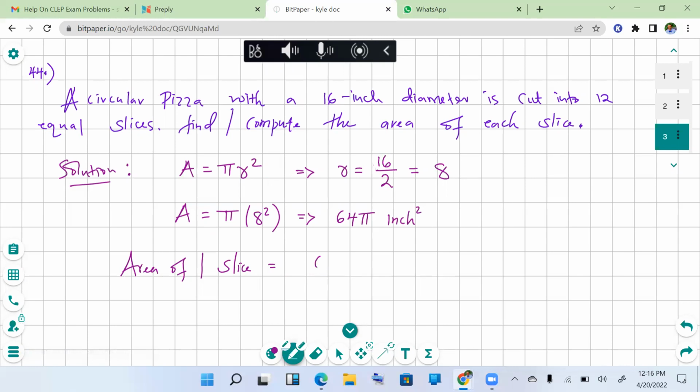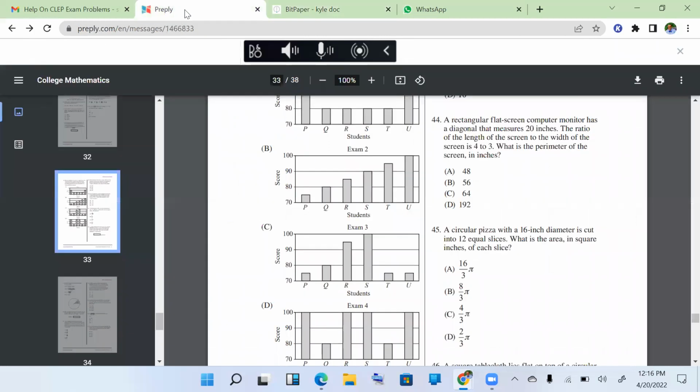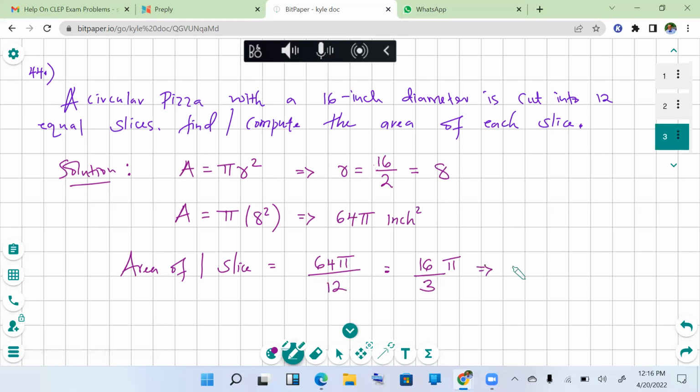And so to get the area of one slice, we take the area of the whole pizza and divide by 12. If we simplify by dividing by 4, 64 divided by 4 is 16, 12 divided by 4 is 3, and so our answer becomes 16 thirds pi, and this is option A.